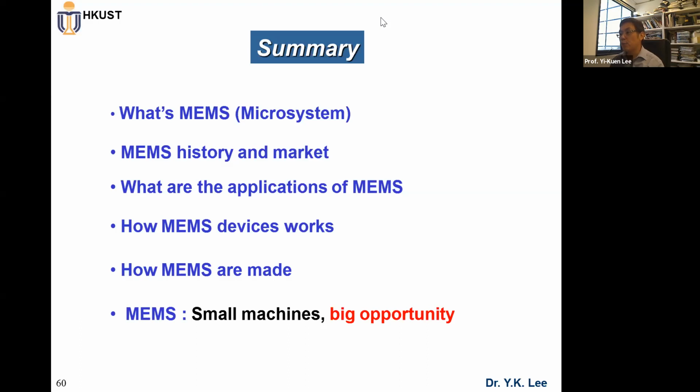Again, if you are interested in doing some project in MEMS, please try to contact me. I can give some UG project. Okay, a UG project for MEMS, in collaboration with UC Berkeley. Okay, I have a new UC Berkeley HKUST project.